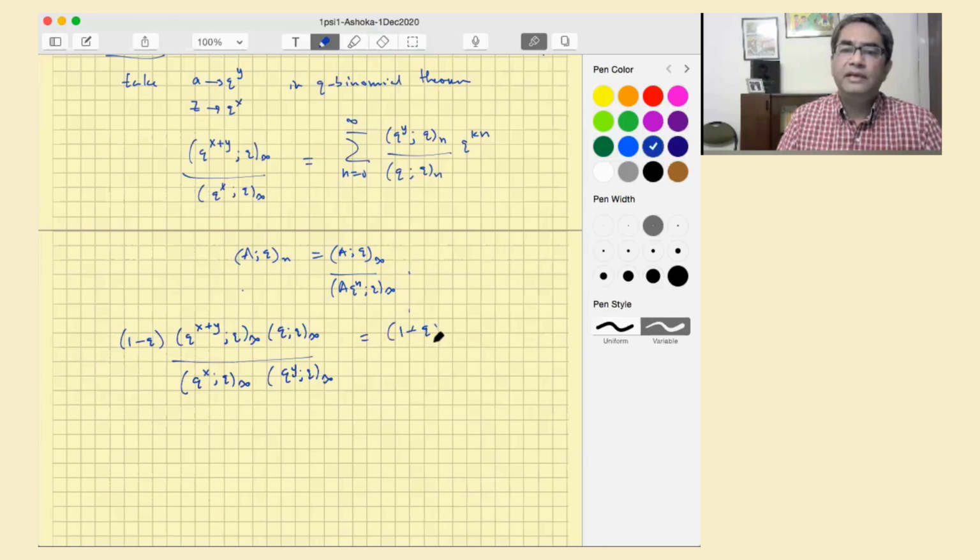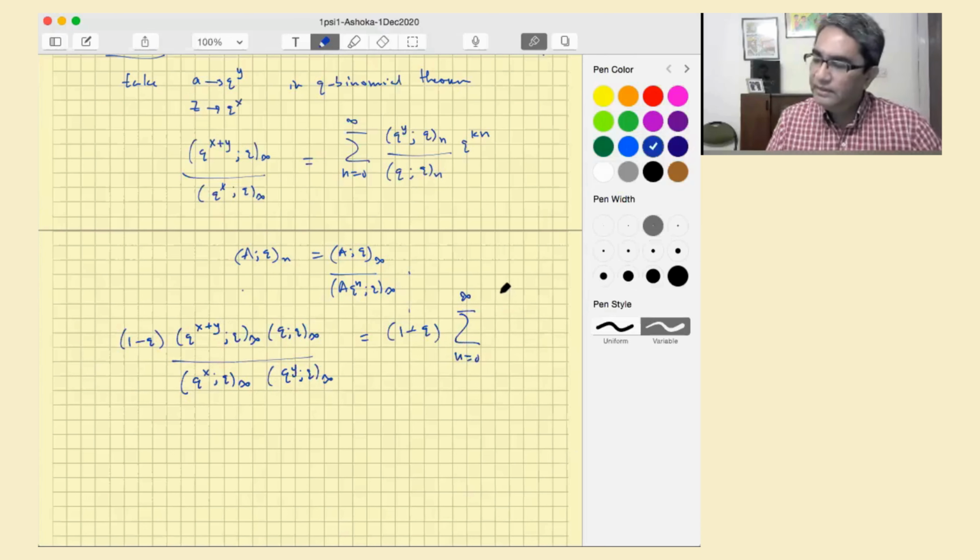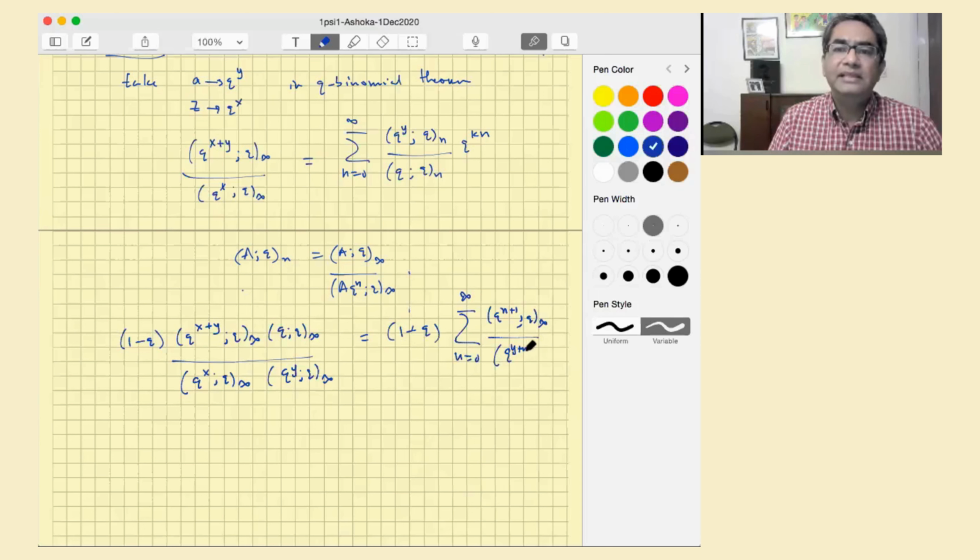This is equal to 1 minus q summation n going from 0 to infinity, (q^(n+1); q)_infinity over (q^(y+n); q)_infinity.